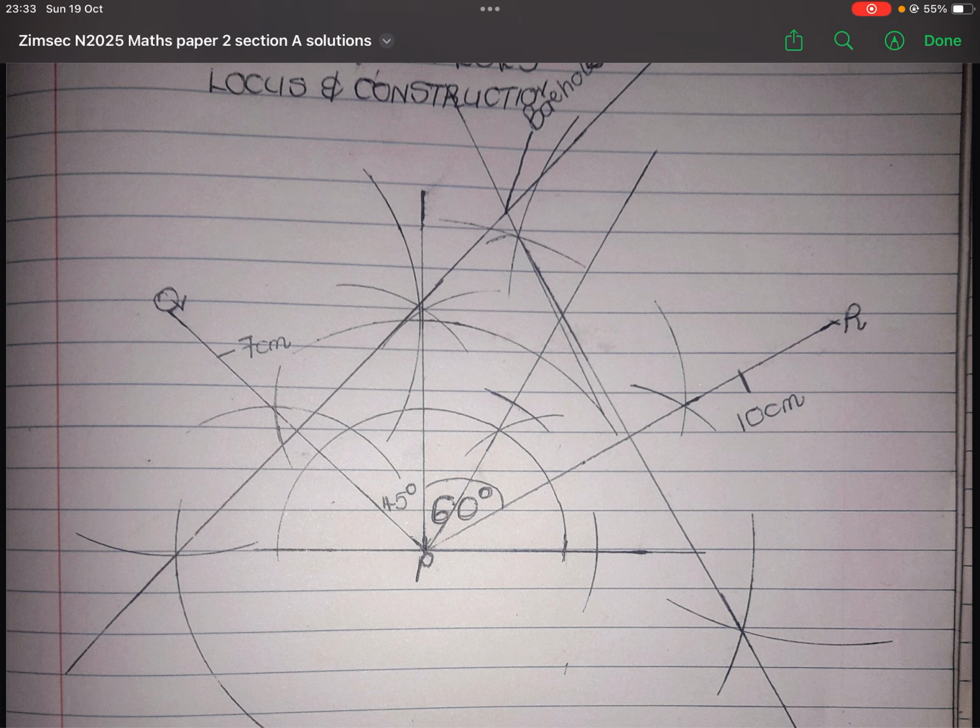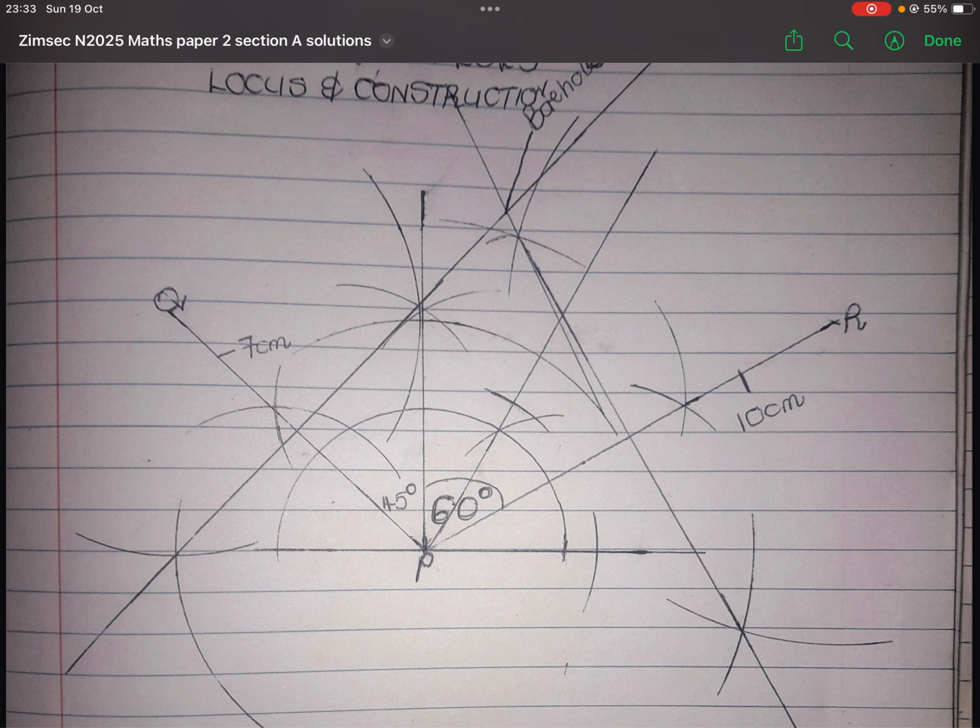So for you to get all the marks on your construction, you need to construct 90 degrees, and then after that, you construct the angle bisector of 90 degrees on the side of northwest. That is how you get that north 45 degrees west.